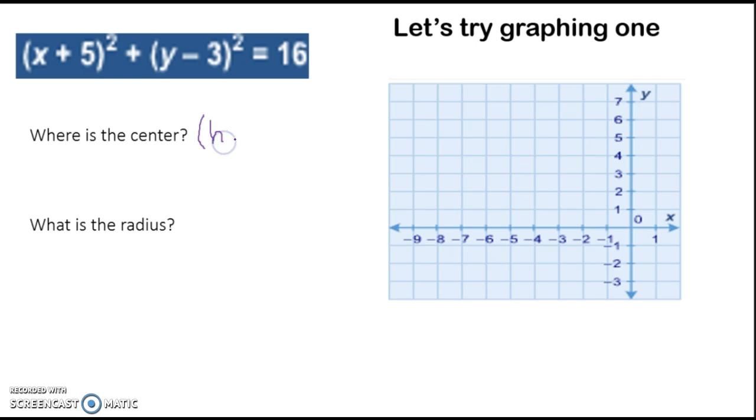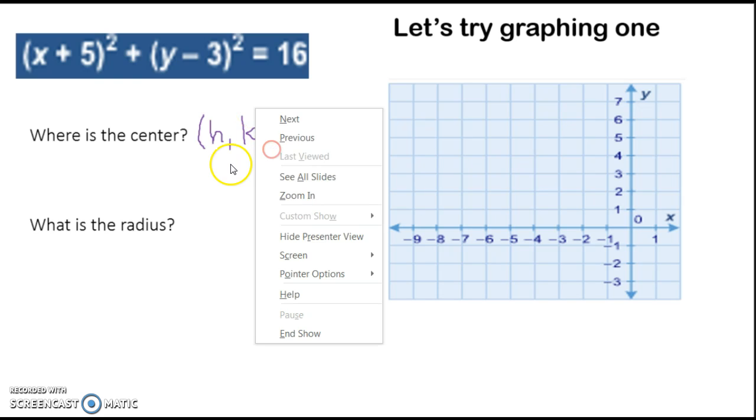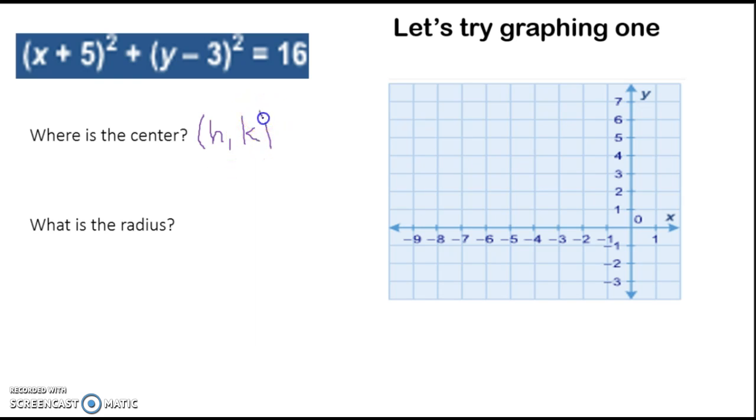So what that means is that since the formula says it's x minus h and y minus k, the actual sign of h and k is the opposite of what it looks like when you see the equation written out. So this is like minus a negative 5, plus 5, which means that negative 5 is actually your h.